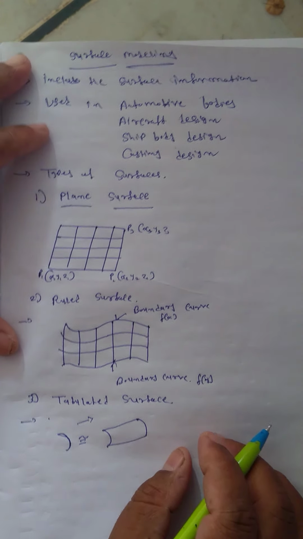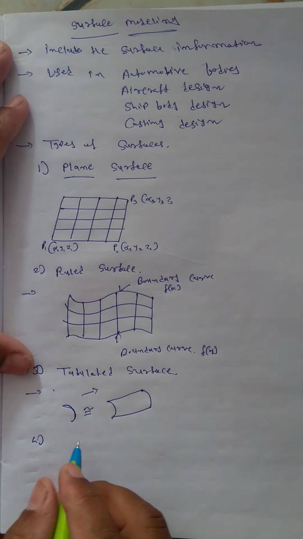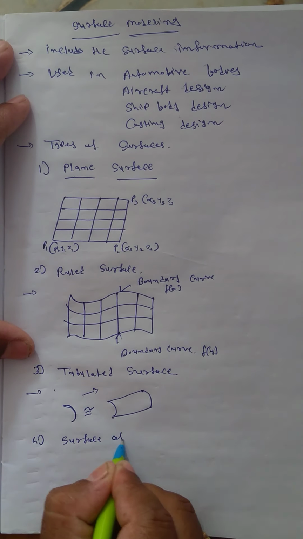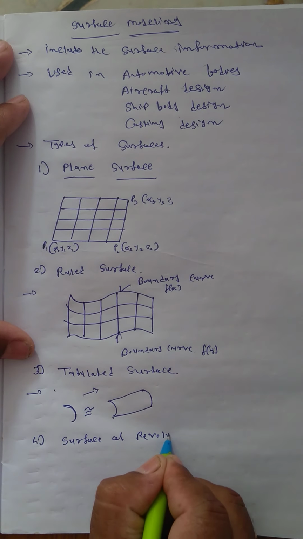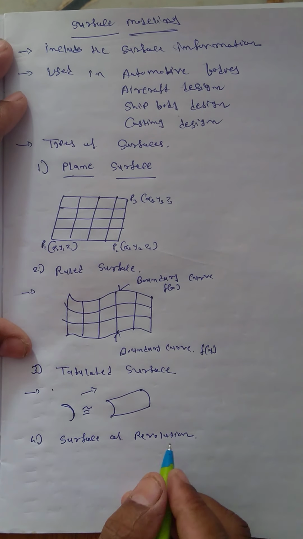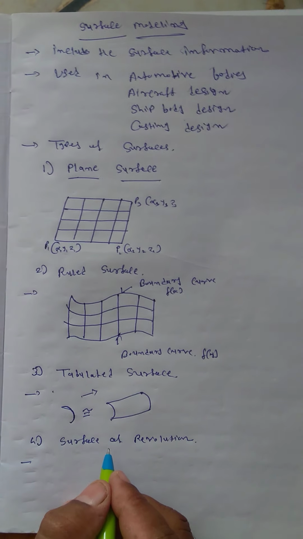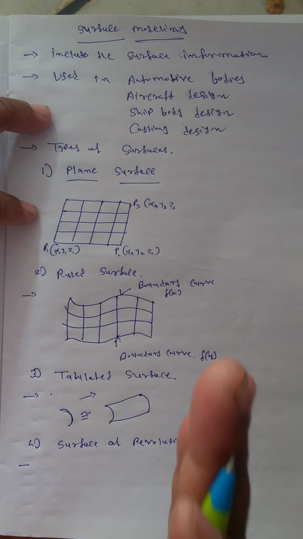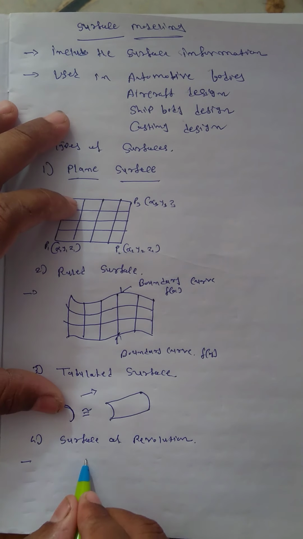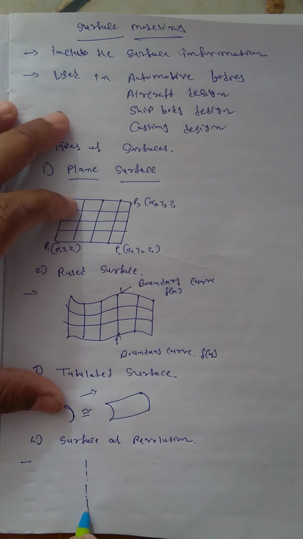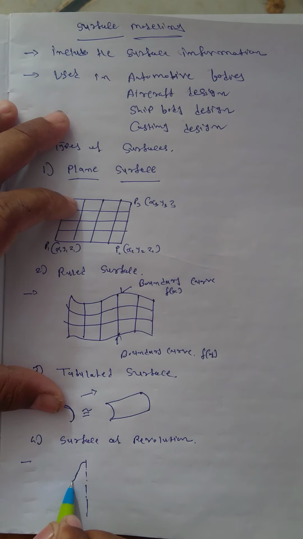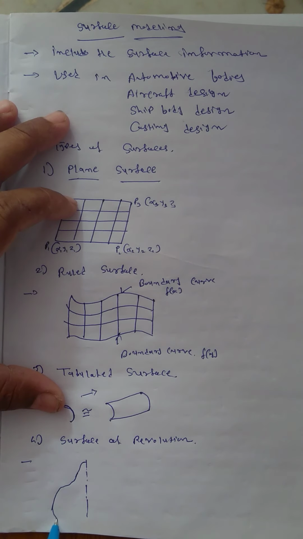Then the fourth one is the surface of revolution. It is generated by rotating a planar curve about one fixed axis. This is the one axis, and this is the one planar curve.